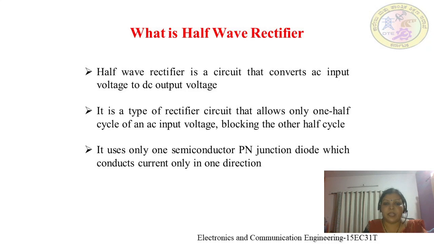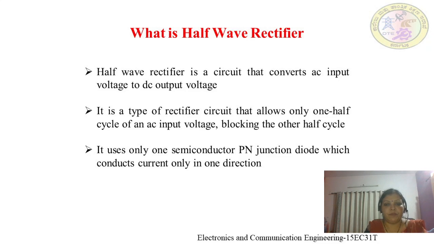It may be positive or negative depending upon the output we require. If we require a positive DC voltage, the polarity we connect in the circuitry is different. The way we connect the PN junction in the circuitry varies depending upon whether we require a positive or a negative DC output voltage.